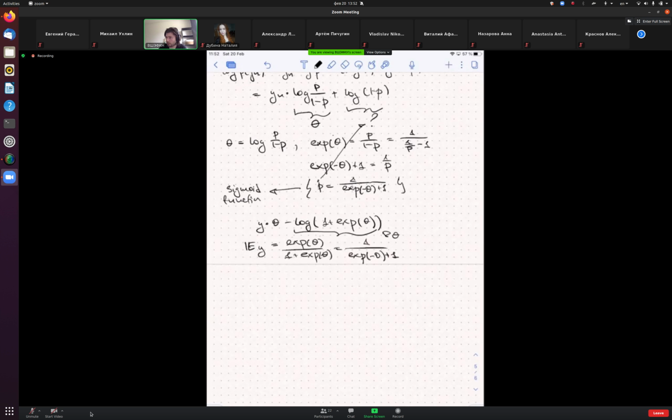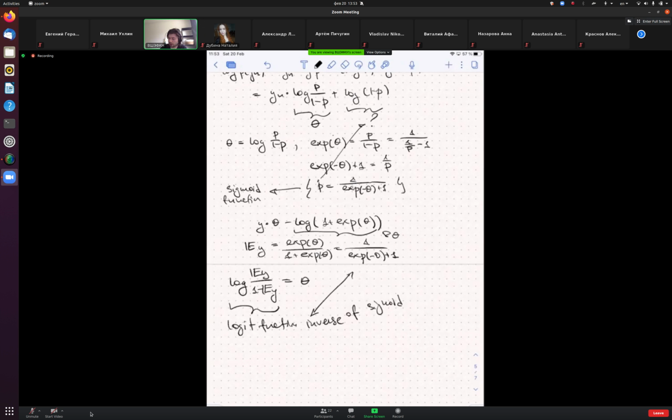Then we could inverse it and obtain that the logarithm of this should be equal to theta. And this is called the logit function, and this is the inverse of the sigmoid.